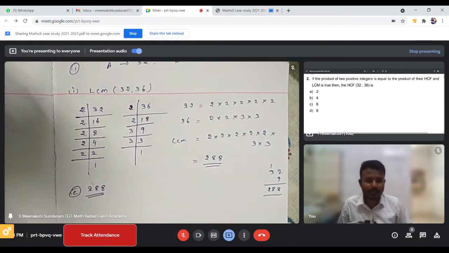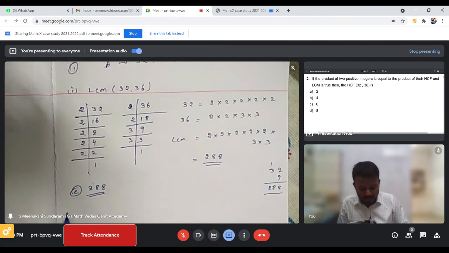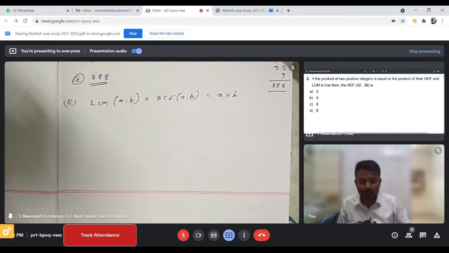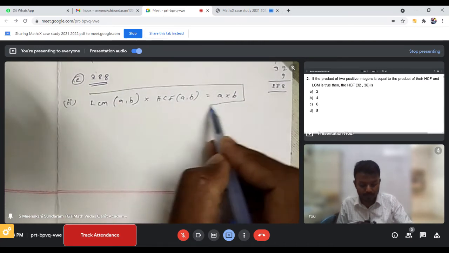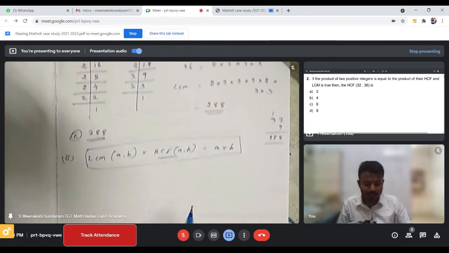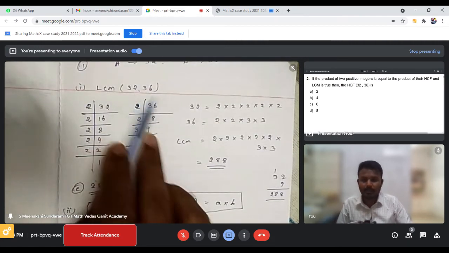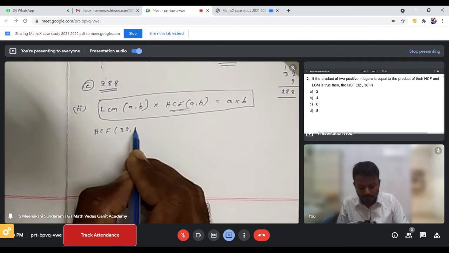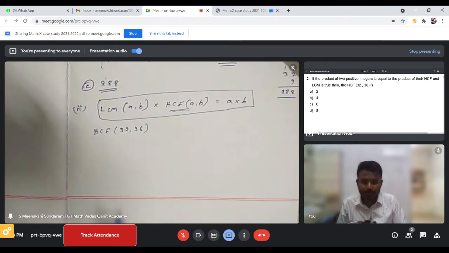Subdivision number 2: LCM of two numbers a, b into HCF of two numbers a, b is equal to the product of the two numbers, right? We all know this. Clear? So we can use this statement to find the HCF of the given numbers. They have asked for the HCF of 32, 36. Now we can apply the formula.